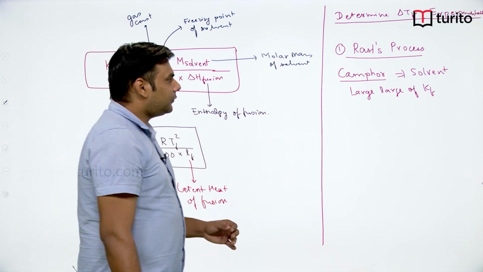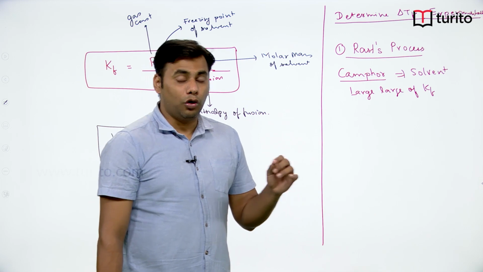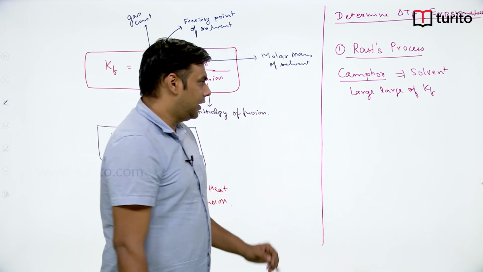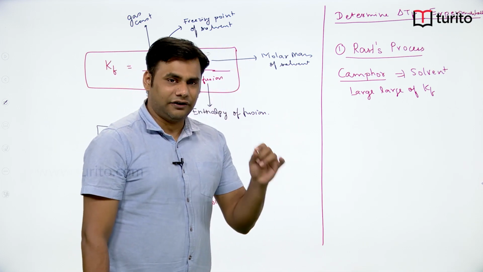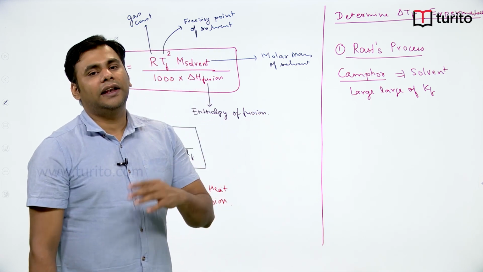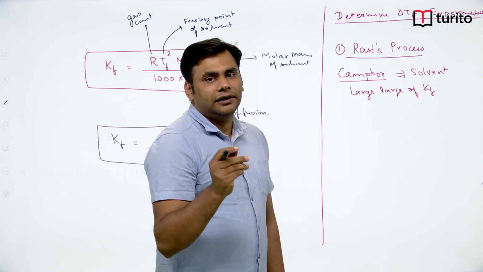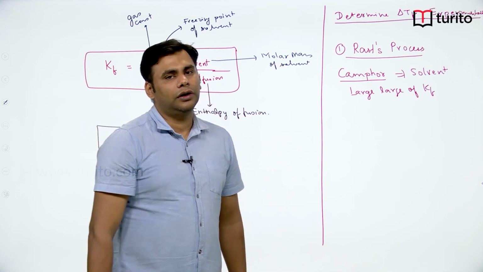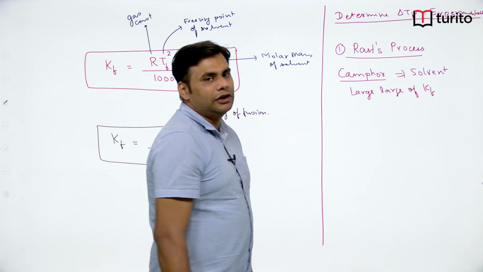Now because the value of Kf is very large, and delta Tf is equal to Kf into m, and the value of molality is very small, if you multiply them, you will again get a significant figure that can be easily recorded through a thermometer. So that's why the Rast process is very useful.